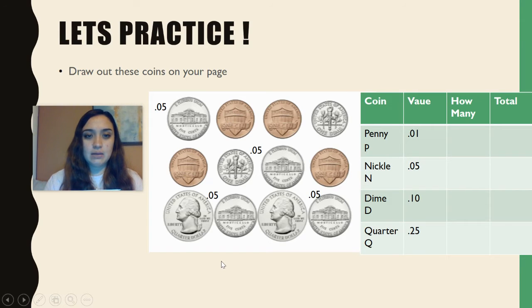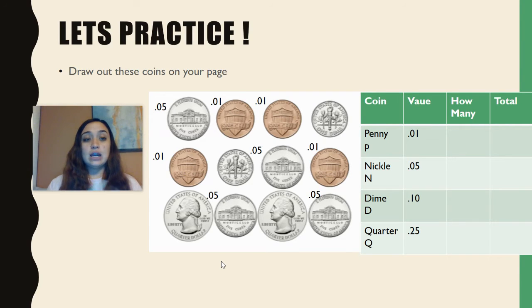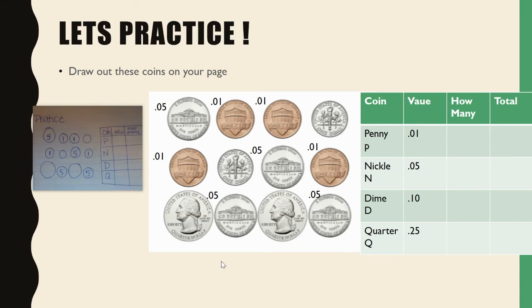So we're going to go ahead and label this one 1 cent, and then all the rest of our pennies 1 cent. So I'm going to show you how you're going to do that in your journal page as well. So we have 1 cent, 1 cent, 1 cent, and 1 cent. Okay, there's my coins, all labeled 1 cent. Very good, boys and girls. Y'all are doing great.